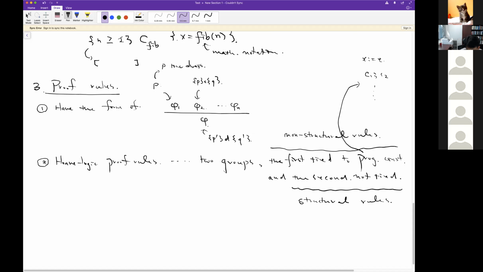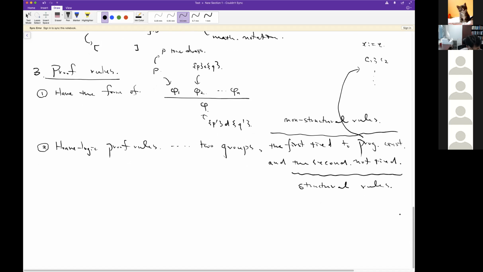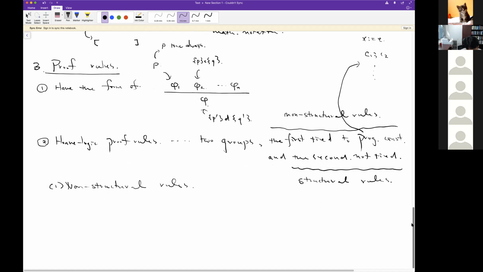I think the best way to see it is to see some actual rules. So let me start with the non-structural rules. First, I will write down the three non-structural proof rules. The first is the proof rule for skip. We want to prove a quadruple for skip. So what should we do?